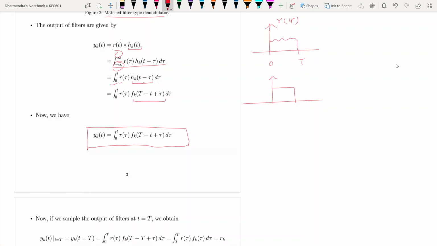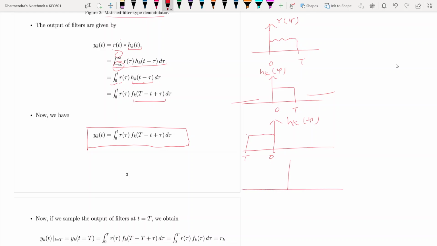This is your impulse response. Outside this, it is also 0, and r tau is also 0. First I will plot this h k of minus tau, the reflection about the y-axis, so I will get this.